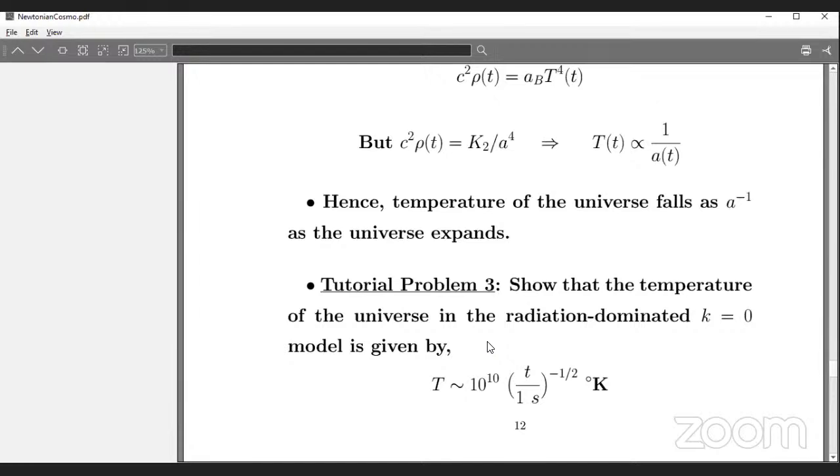When the temperature is very hot, the random velocities of the particles are very high, and therefore particle physicists can test their particle physics models by going back into theoretical early universe considerations, and see what implications they have on the conditions of the early universe. That's the reason why this time-temperature relation is very important.